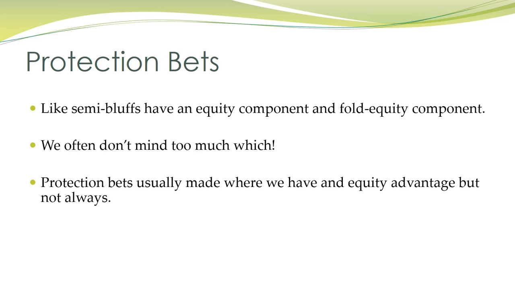Usually it's going to be better to check. As we're going to go on to demonstrate, there are actually a bunch of exploitative exceptions to this rule. So we're going to look at some situations where we're an underdog, but we should still protection bet. Once again, this might seem very counterintuitive because on a very basic level, it would mean we are investing chips into the pot in a situation where our opponent has the best hand.